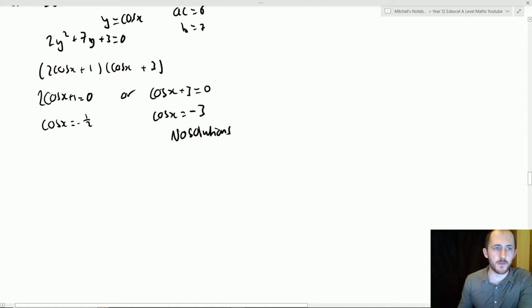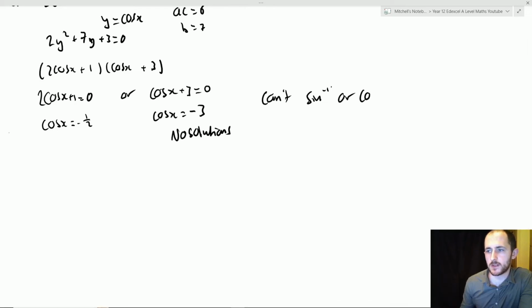For those of you that didn't spot that, the reason is you can't inverse sine or inverse cos numbers that are bigger than the modulus of 1, right?